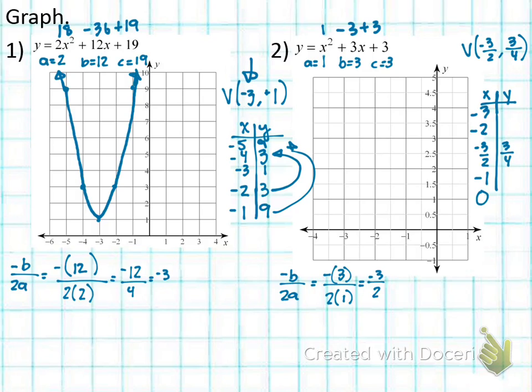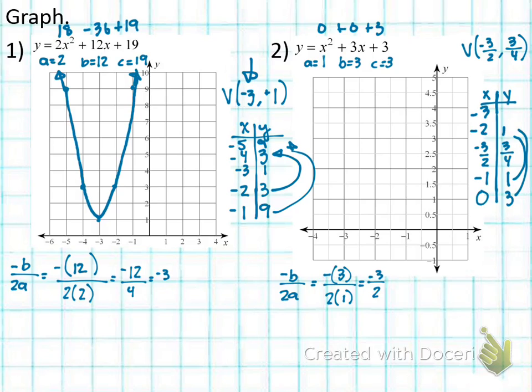Negative 2 plus 3 is 1. So whenever I put in negative 1, I get the answer 1. Okay? Put 0 in now. 0 squared is 0. 3 times 0 is 0, plus 3. What's 0 plus 0 plus 3, everyone? 3, right? Okay, and we know it's symmetrical, so we're going to copy this here.